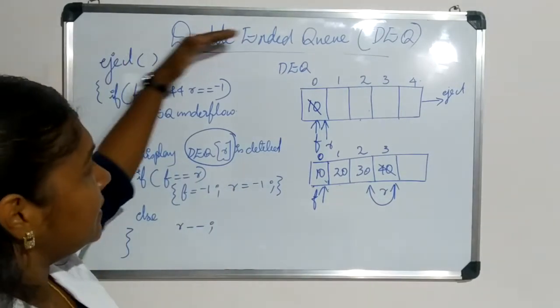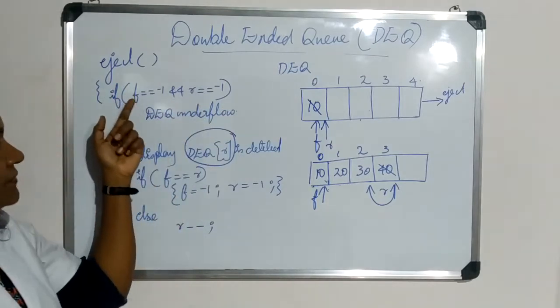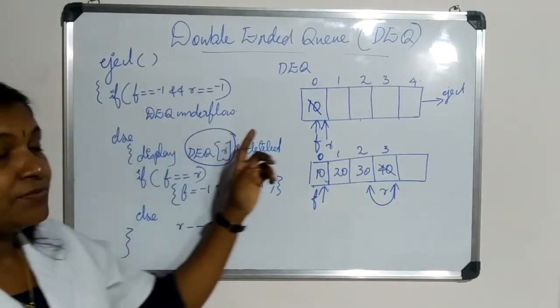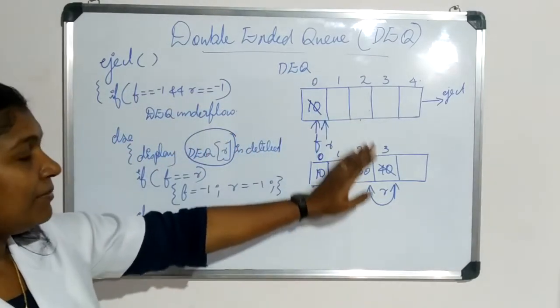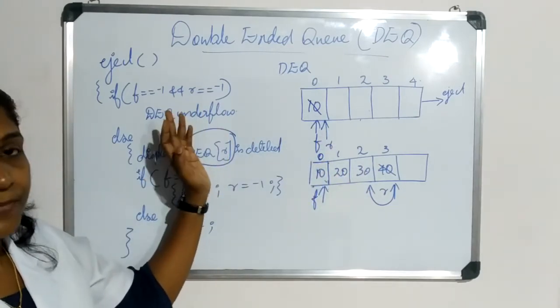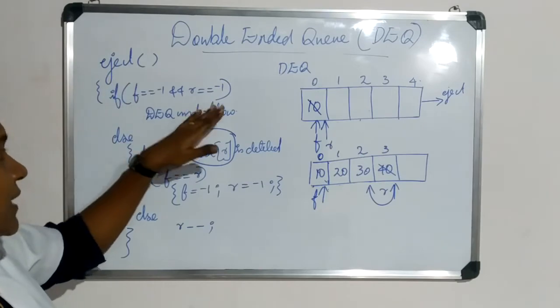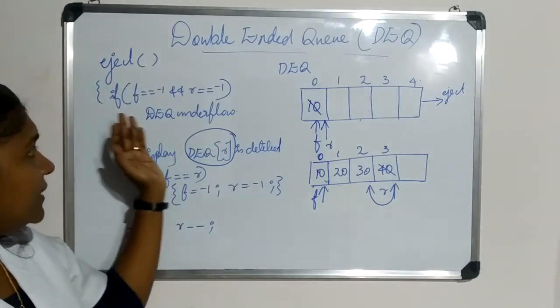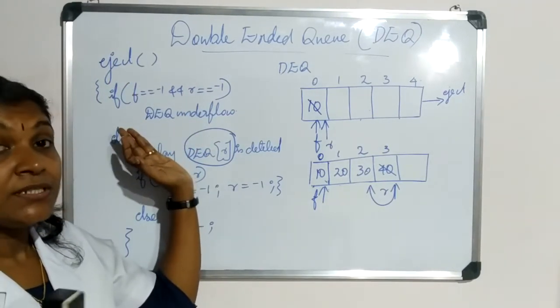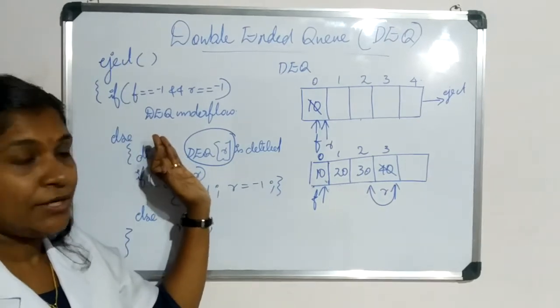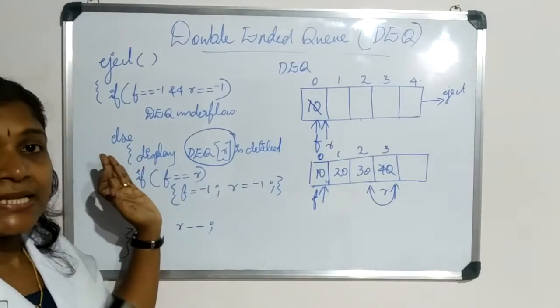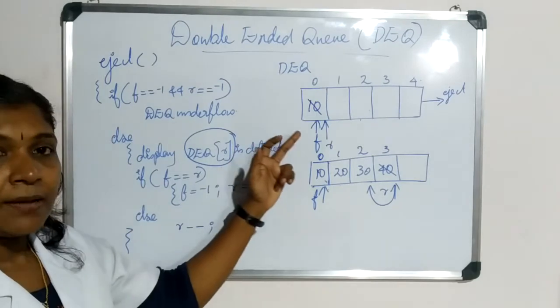Once again I repeat, in eject, first we need to check whether at least one element exists in the double-ended queue in order to perform the deletion. So first you provide the condition f is equal to -1 and r is equal to -1. If it is true, you display the message "deck underflow" or "double-ended queue underflow". That indicates there are no elements in the double-ended queue.